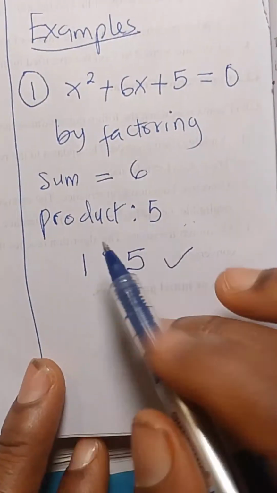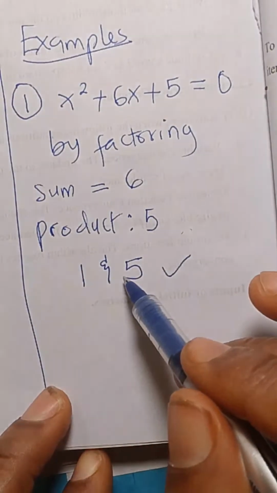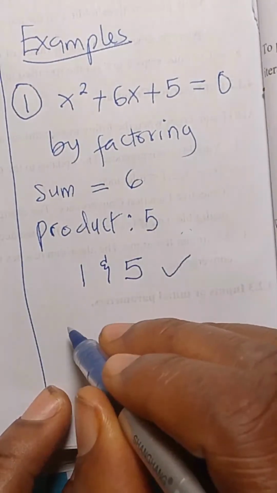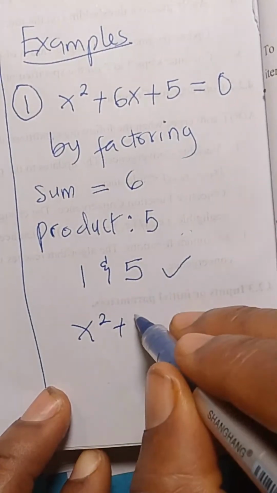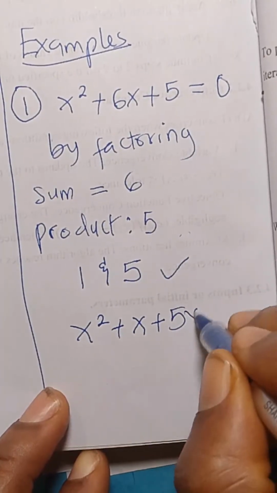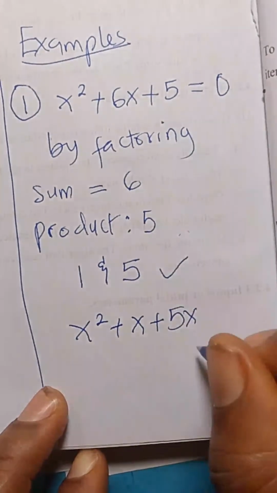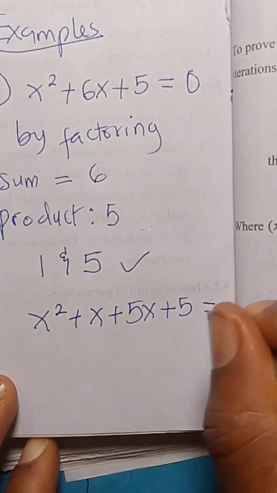We remove the 6x and replace it with 1x plus 5x. So x squared plus 1x, that is x, plus 5x, and we now put our constant 5 plus 5. Remember, it's equal to 0.